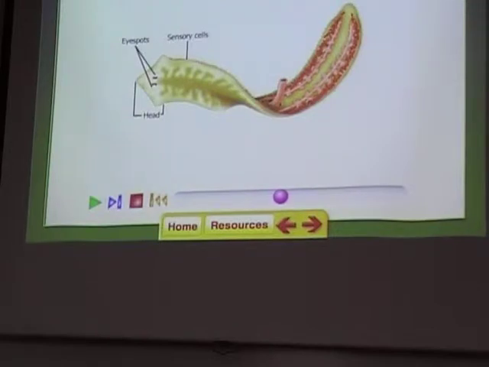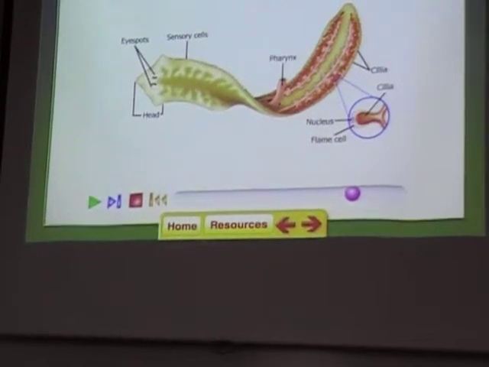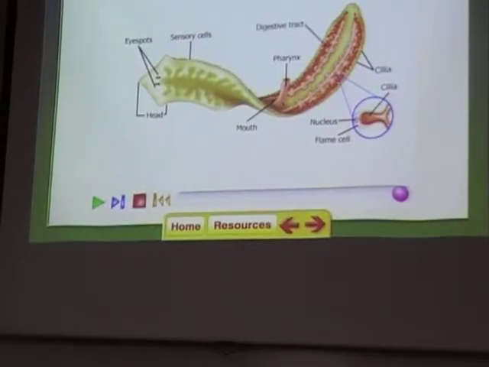Excess water is removed from the planarian's body by a system of flame cells. Hair-like cilia that help the worm to pull itself along are located on the ventral surface of planarians. The pharynx is a muscular tube that can extend out through the planarian's mouth and is used to take food into the planarian's digestive system.